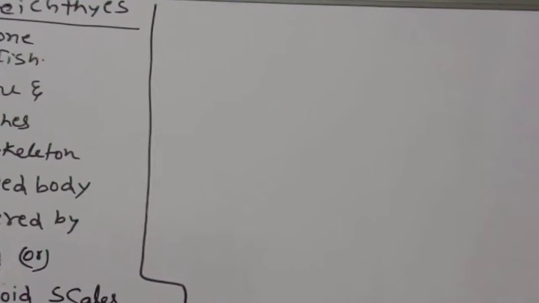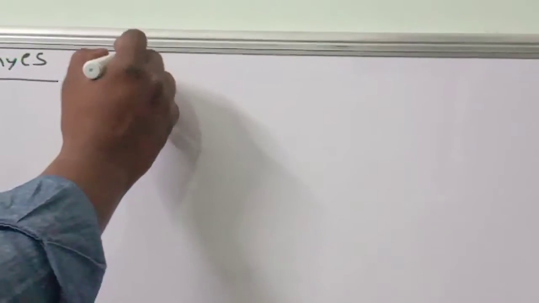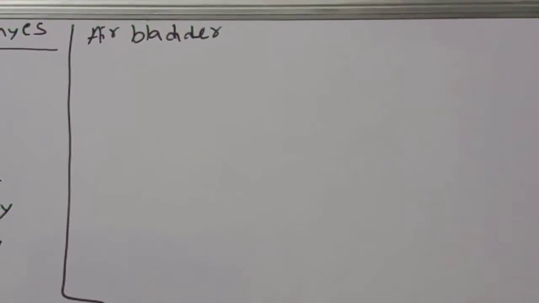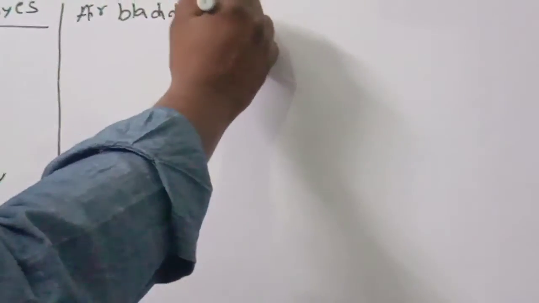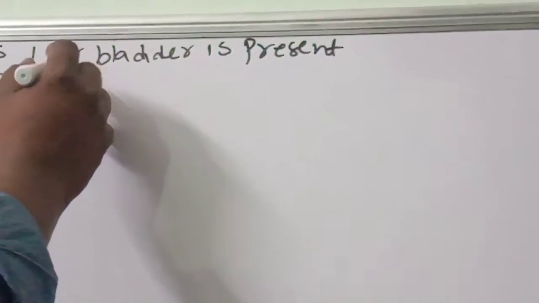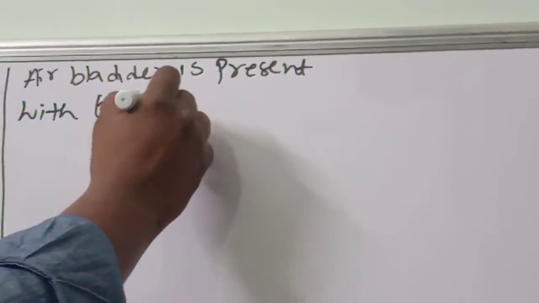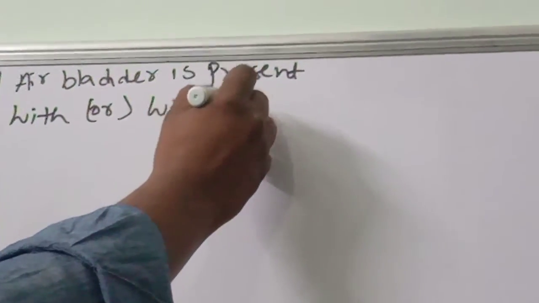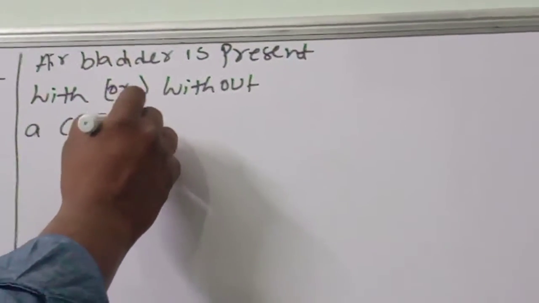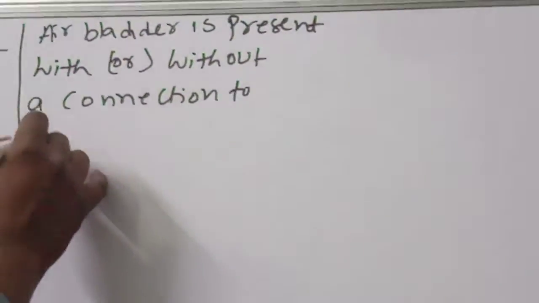The next important one is the air bladder. Air bladder is present with or without a connection to the gut. So either there is no connection, or with connection the air bladder connects to the gut.